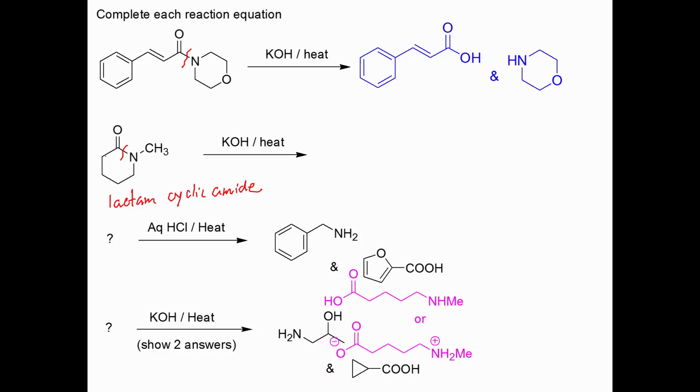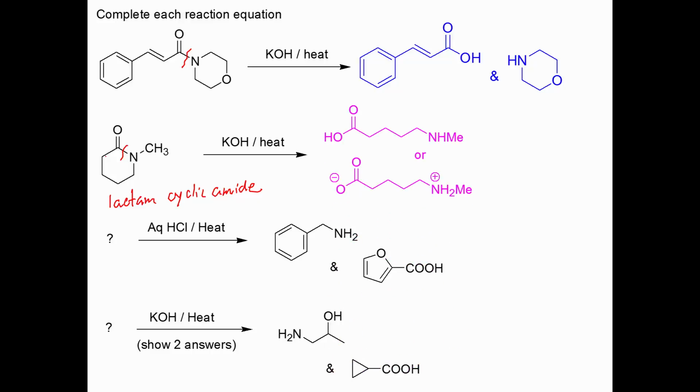Okay, so when we hydrolyze this one, we're going to generate a compound that has both a carboxylic acid and amine functionality. Okay, we're going to talk about this in the amino acid chapter, but it's pretty much an irreversible process, the self-neutralization that's going to occur when you have a carboxylic acid and an amine as part of the same molecule.